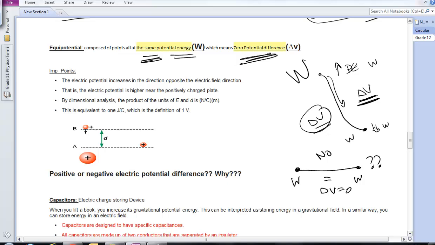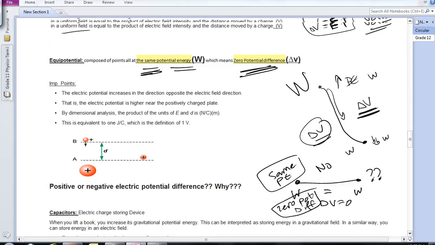So again, if you have 2 points that have the same potential energy, which means that they have 0 potential difference.